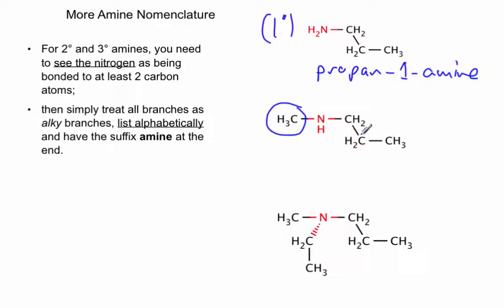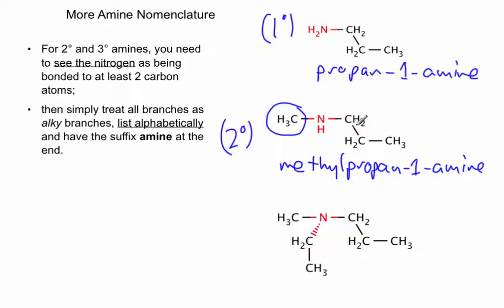Everything else is the same. So this simply becomes methyl propan-1-amine. And it's a secondary amine because the nitrogen has this propan group, which makes it a propanamine, but it also has another carbon-containing ligand, a methyl group.